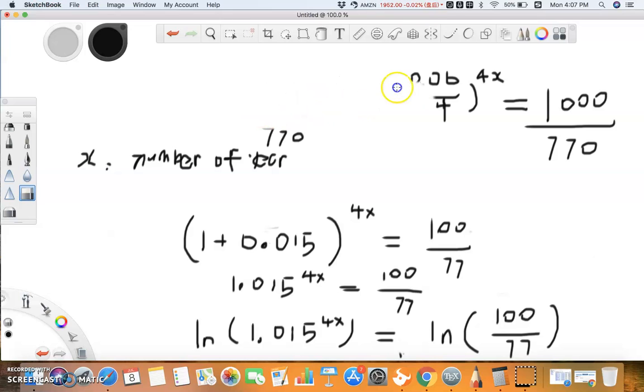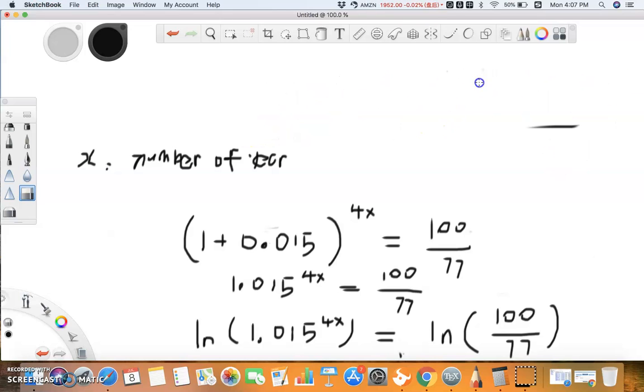Let me erase this so I can have space to write.